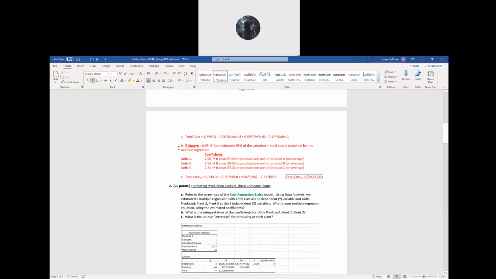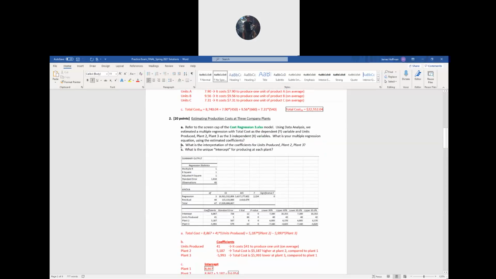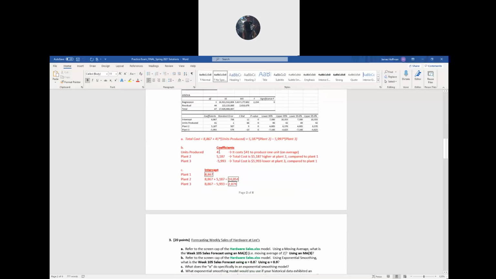Question B is, what is the interpretation of the coefficients for units produced, plant 2 and plant 3? All right, so interpret those 3 coefficients. The units produced coefficient was 41. What does that mean? All right, so this is just a normal x variable.